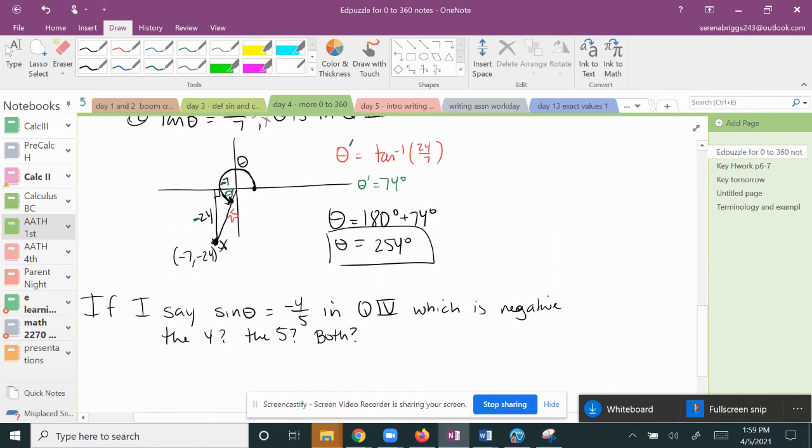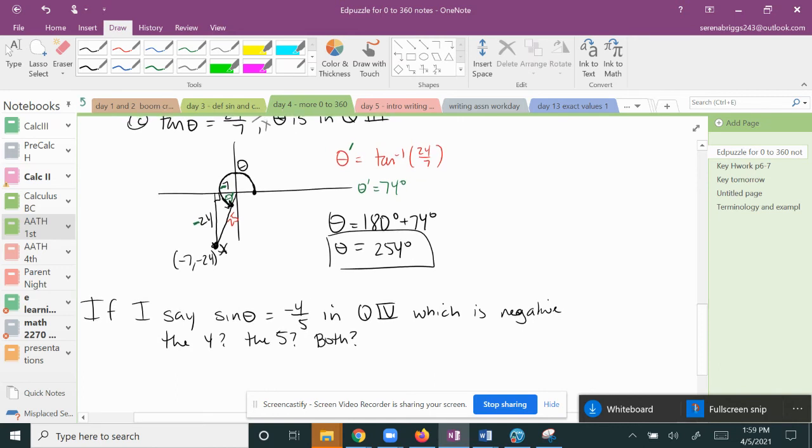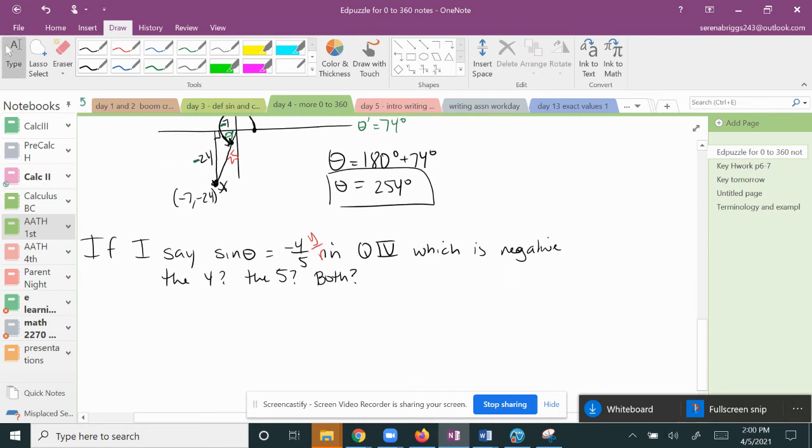As a last question, if I say that the sine of theta is -4 over 5 and it's in quadrant 4, which is negative, the 4, the 5, or both? Okay, in this case, remember this is y and that's r. If we're talking about in quadrant 4, your y coordinate can be negative, but your r can never be negative.